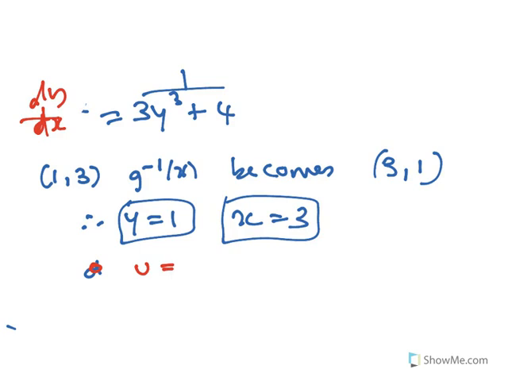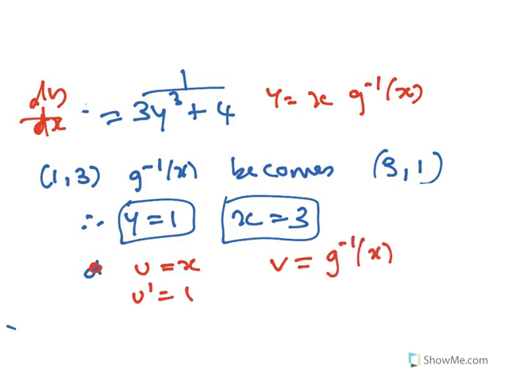Okay, so let's see. We want x times g to the minus 1 of x. We want the gradient of that. So u equals x, u dash equals 1. v equals g to the minus 1 of x, and v dash is d dx of g to the minus 1 of x.